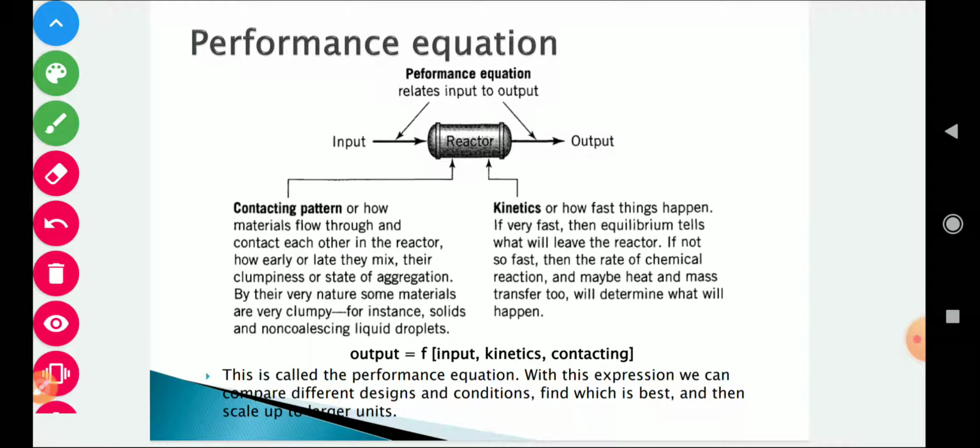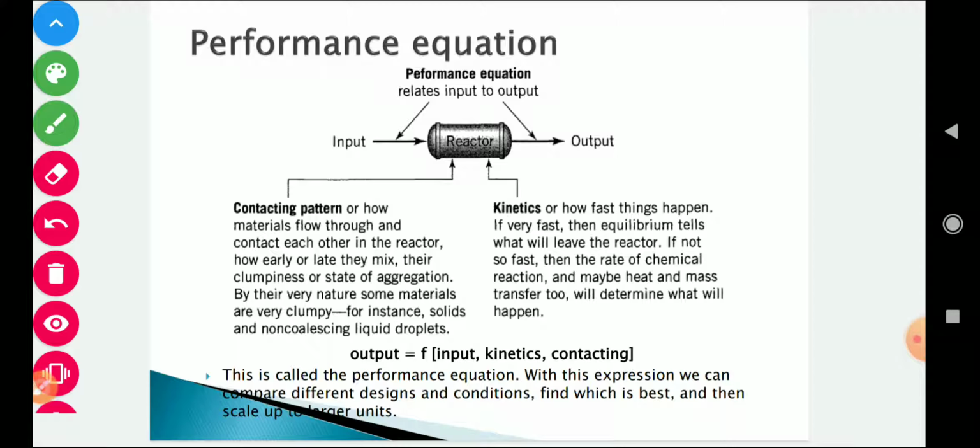The performance of a reactor depends mainly on three parameters: the input variables, the contacting pattern, and the kinetics. Input variables include the nature of the reactants we use, the concentration of the reactants, the temperature at which the reaction takes place, the pressure of the reacting system, the presence of catalyst, the physical state of the reactant like its surface area, and the rate of heat and mass transfer.